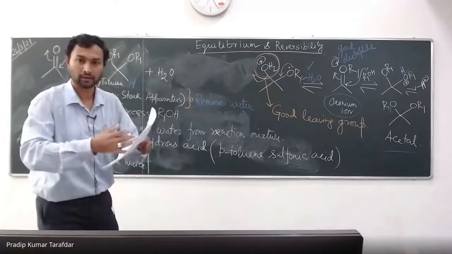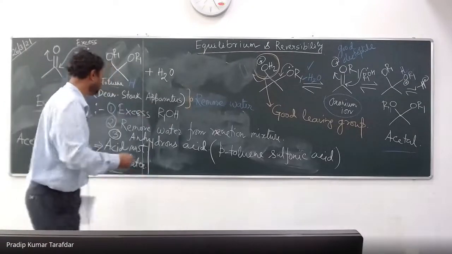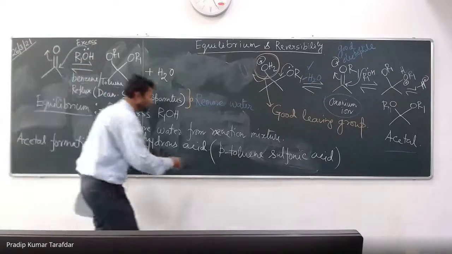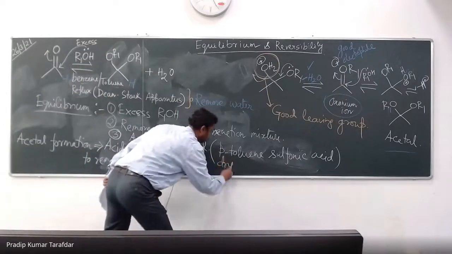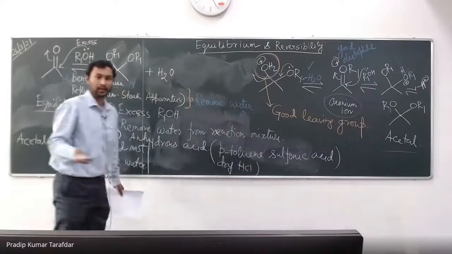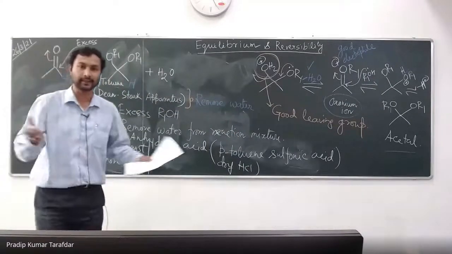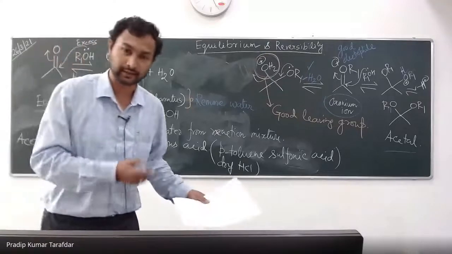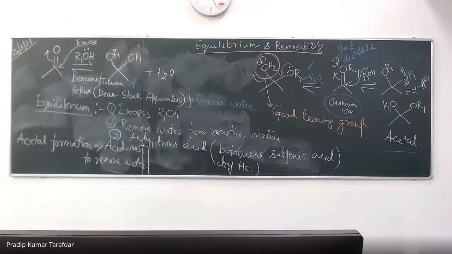Otherwise, they cannot perform the reaction. Also, you can use dry HCl, which means HCl gas. So these are the strategies we should use to get an acetal.